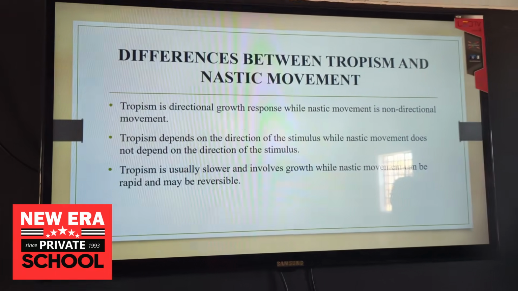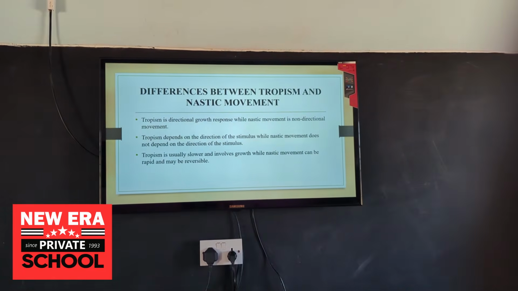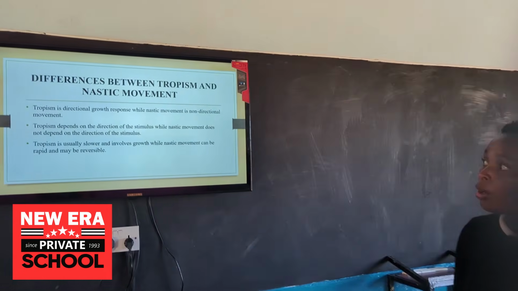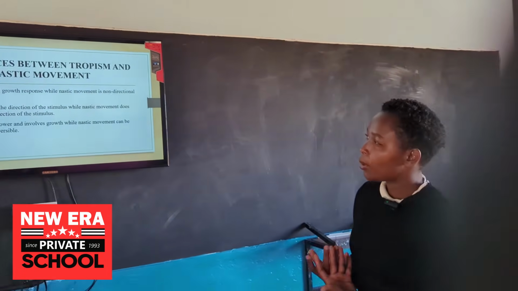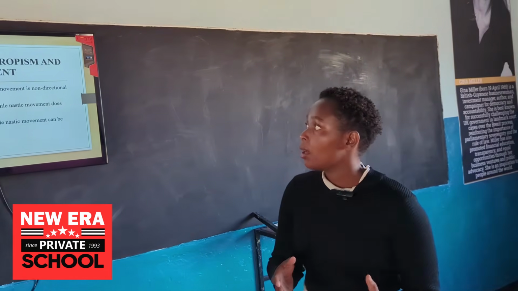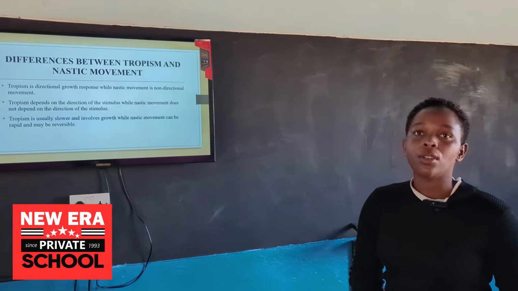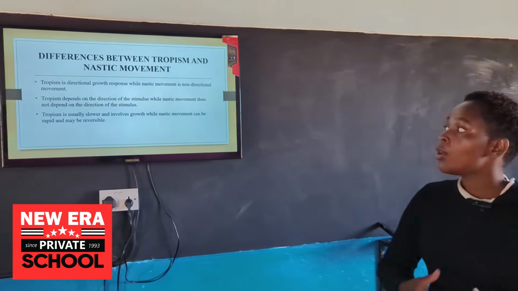Now let us differentiate tropism and nastic movement. Tropism is the directional growth response, while nastic movement is non-directional movement. Tropism depends on the direction of the stimulus, while nastic movement does not depend on the direction of the stimulus.